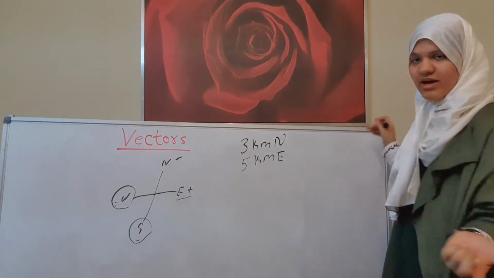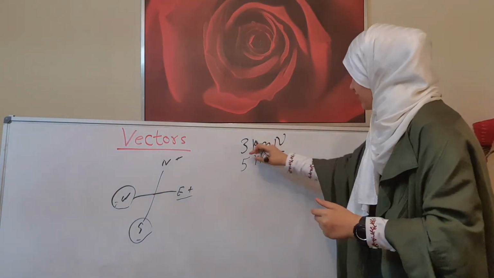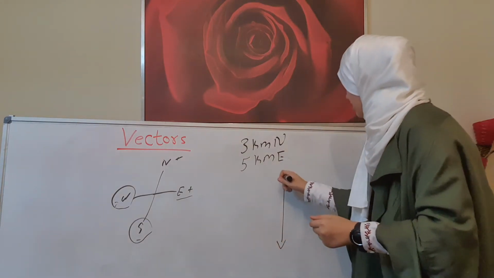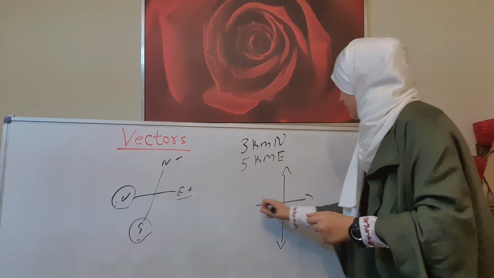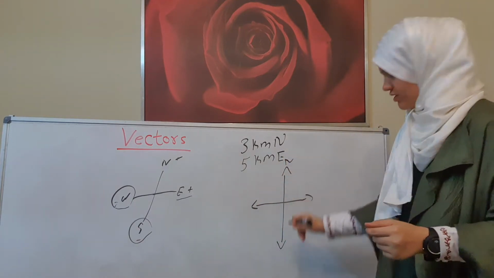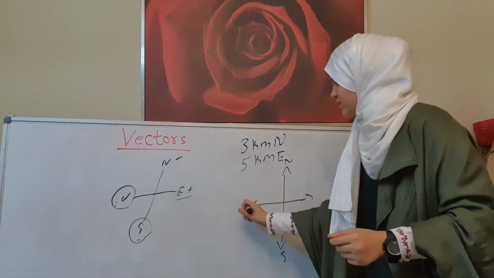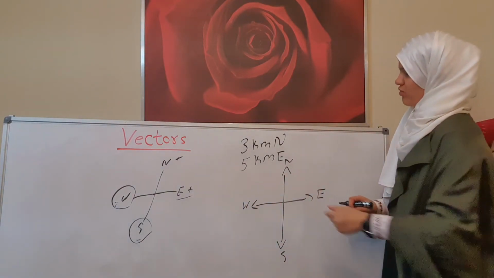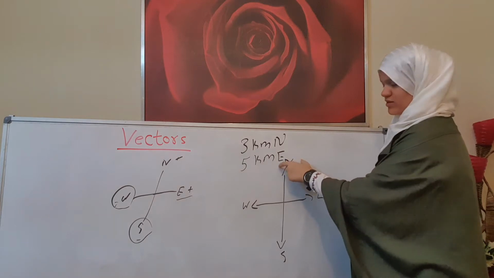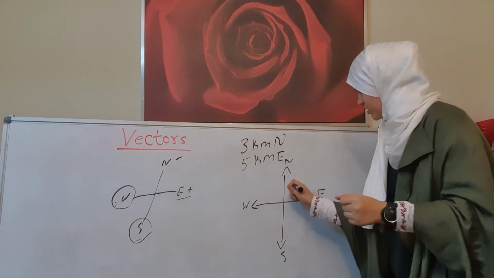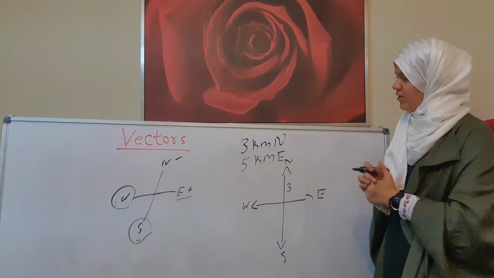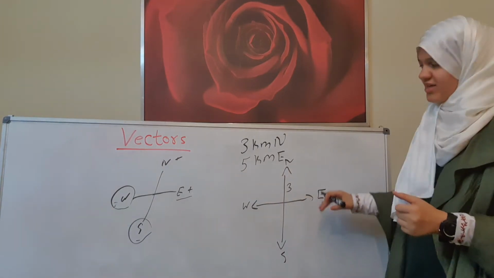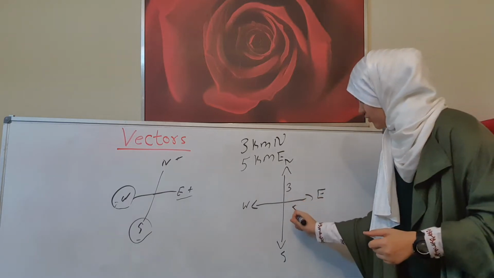Yes, we can. Here we have the diagram: north, south, west on this side, and east on this side. In the north, 3 kilometers, so here it will be 3. In the direction of east, it will be 5 kilometers.